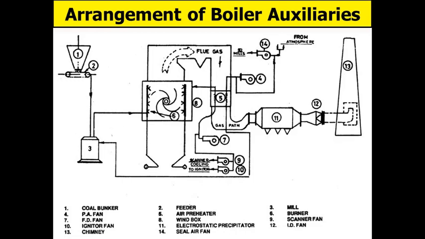All these fans are supplying air which is necessary for initiation of combustion and ensuring completion of combustion. A certain amount of excess air is also provided so that complete combustion can be ensured and no heat value is lost with the unburnt fuel.